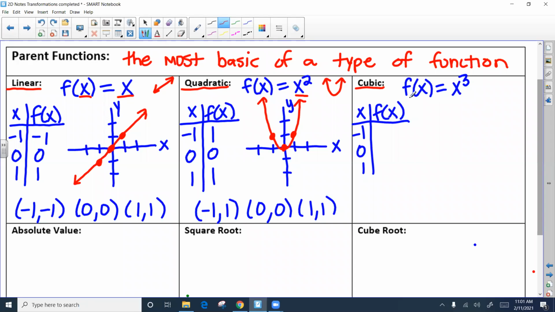So here's our function, f of x equals x cubed. So when I plug in a -1 for x, f of -1 equals (-1) cubed. (-1) cubed means -1 times -1 times -1, which is still -1.